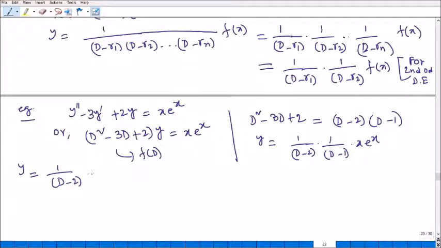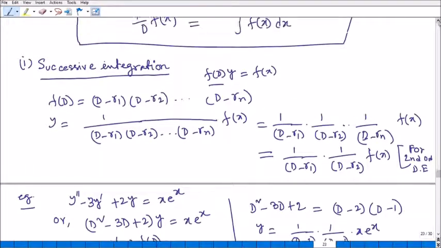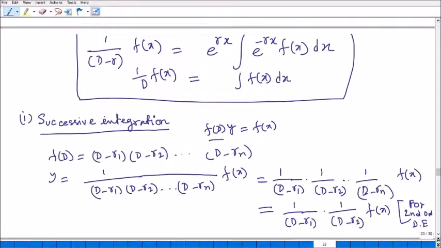For D minus 1, r is equal to 1, so we can write e to the power x into the integral of e to the power minus x into x e to the power x dx. Here in this formula r equals 1, so it is e to the power x integral of e to the power minus x f(x) dx.